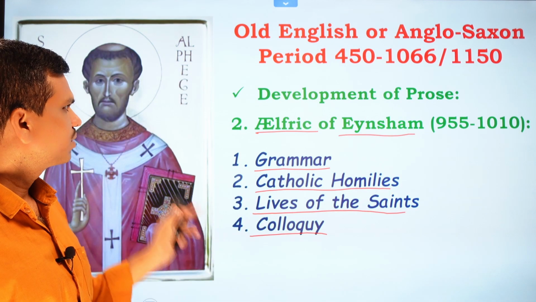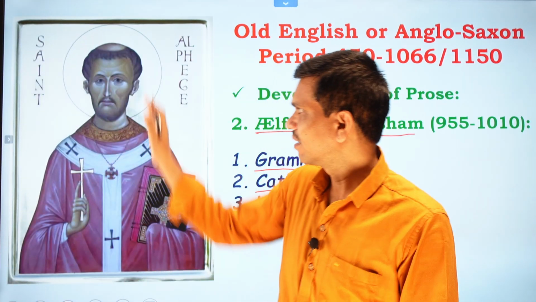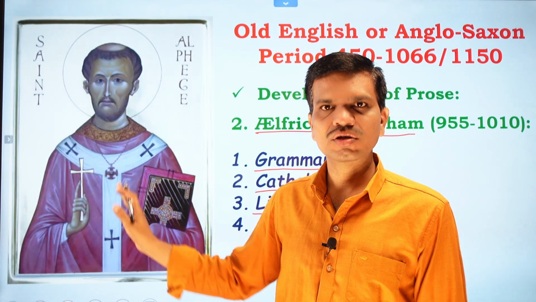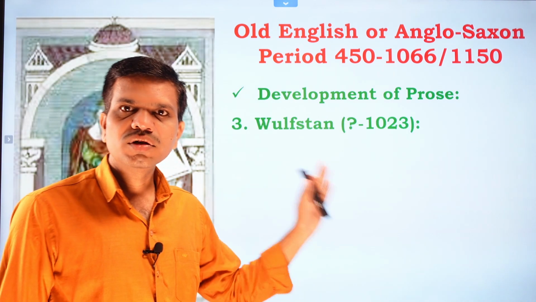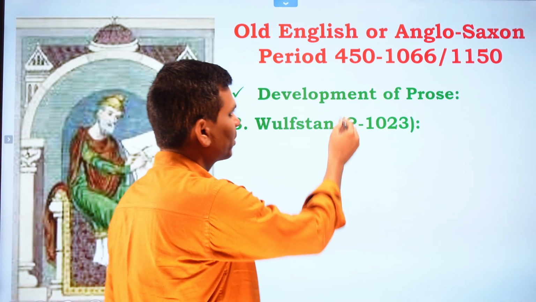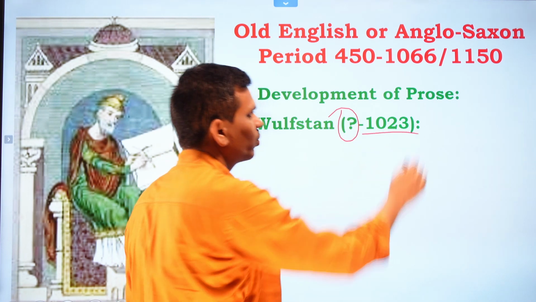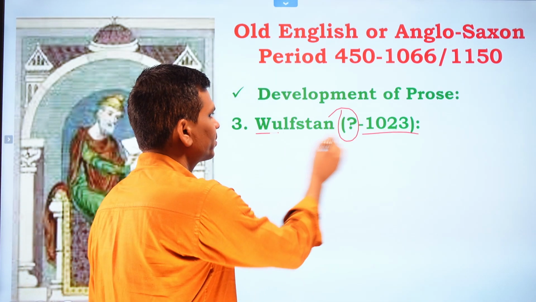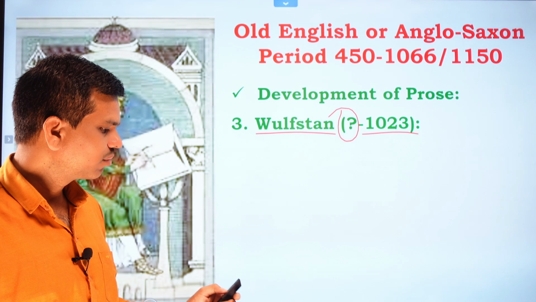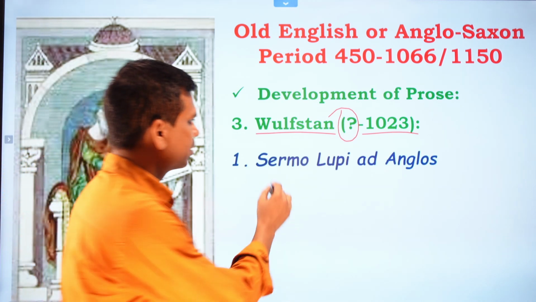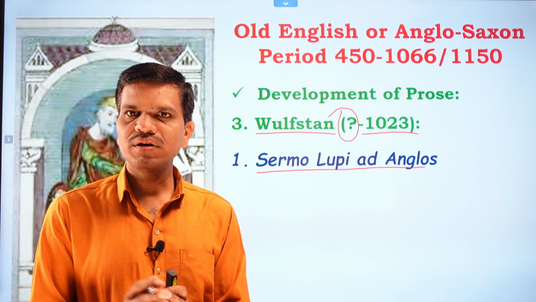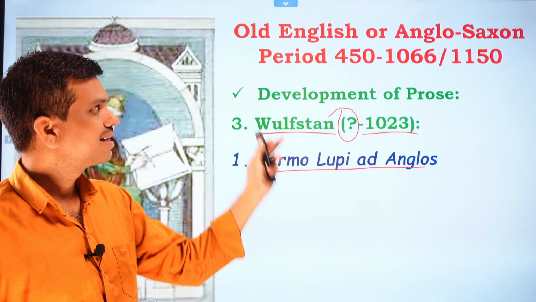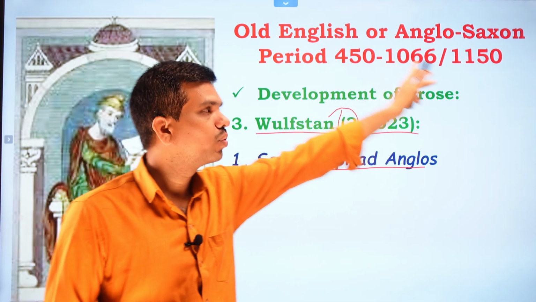So these works were composed by Alfred, a churchman, an abbot of the church. Third is Wulfstan, whose date of birth is not confirmed, but he died in 1023, and Wulfstan also is important because he composed a work called Sermo Lupi ad Anglos. So this work also is important in the series of this history, 450 to 1066.